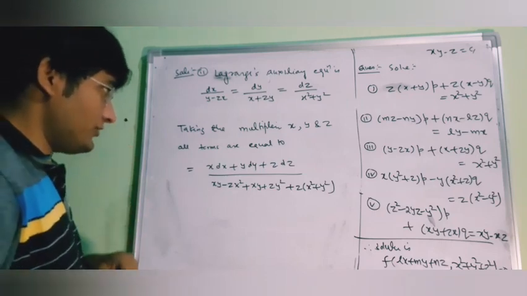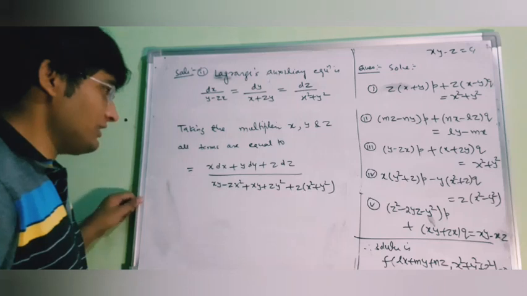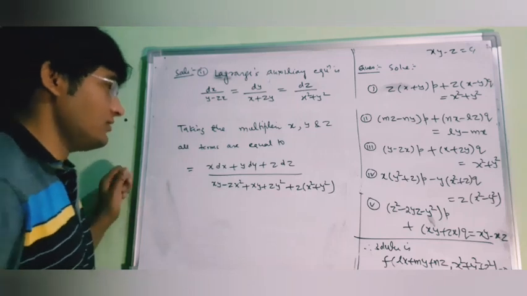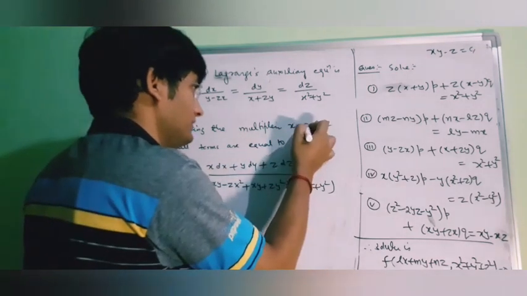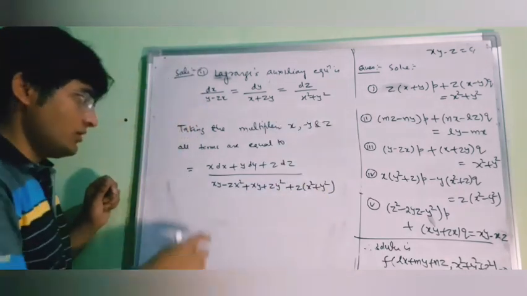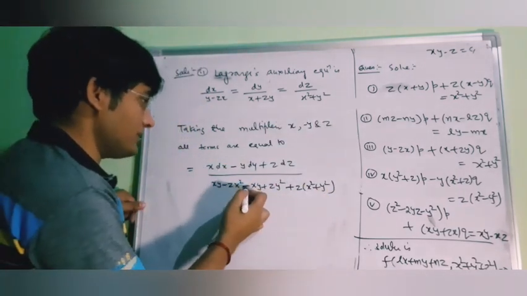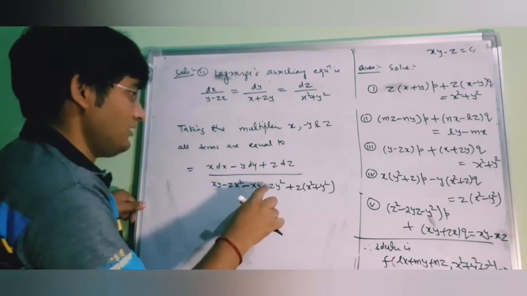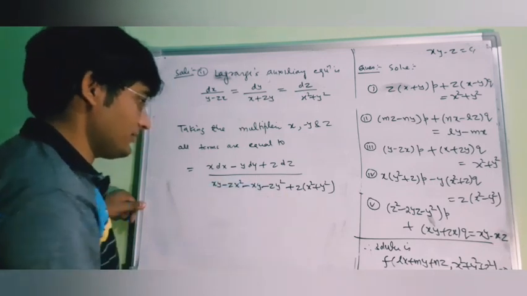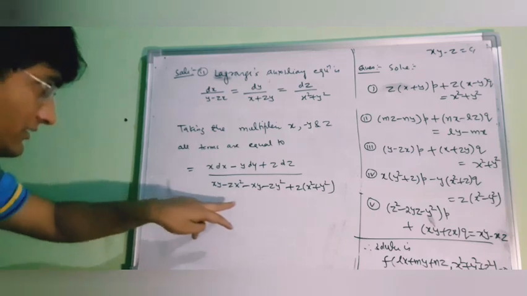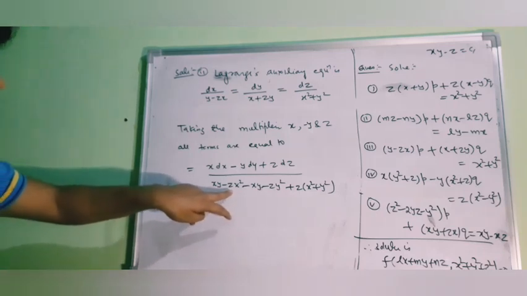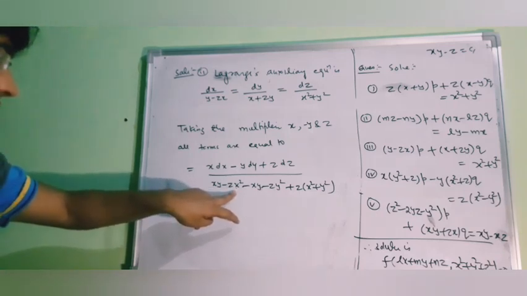So for that, let us take the multiplier as x minus y. If you take minus y, then let us see what happens. Now here we will get minus y, and this will become minus xy, and here we will get minus zy square. Now you can see that this is your minus zx square.